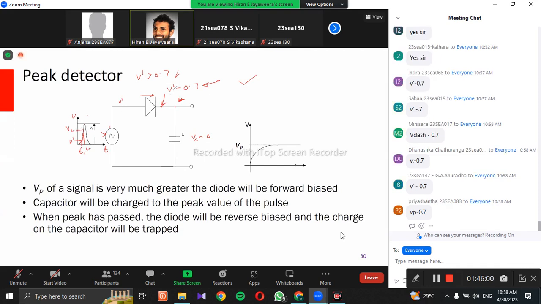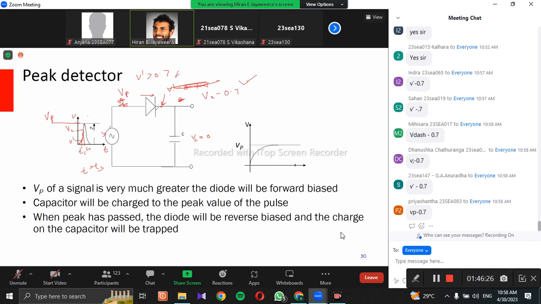Now this voltage is V1 and this voltage is V2. Then again, this diode gets forward biased so that the capacitor charges again to the new voltage, that is V2 minus 0.7 volt. Once you reach the peak at t equals t3, let's say Vp, then this voltage is Vp.